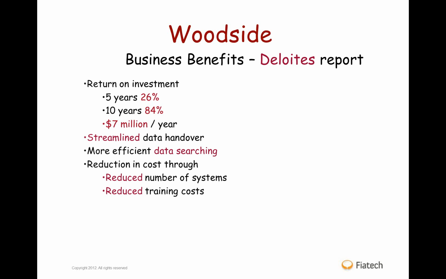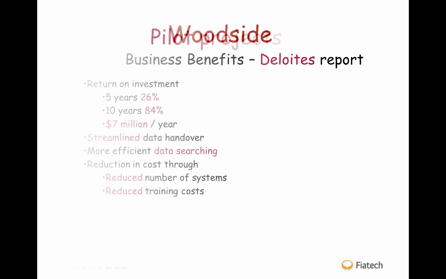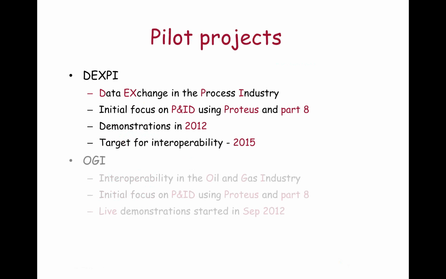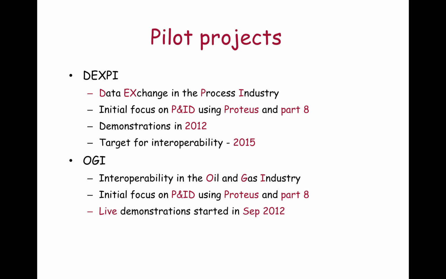So of the pilot projects, we've got the DXP, which is Data Exchange in the Process Industry, part of the DECMA group. And their initial focus is on P&ID, using both the Proteus schema XML and Part 8.